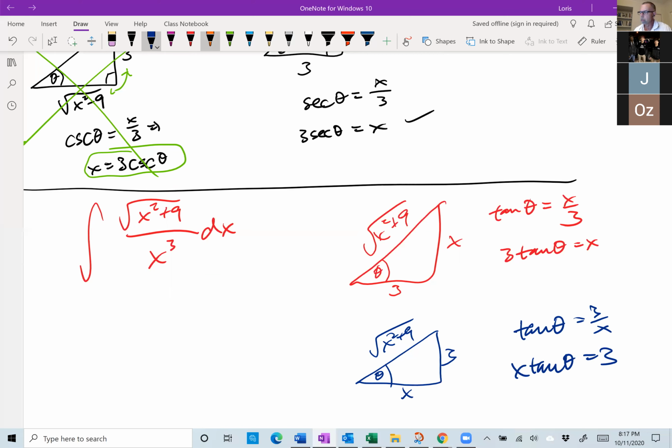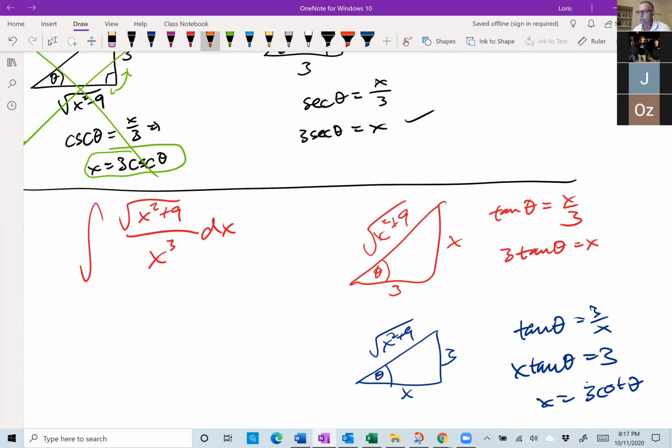Now that x is divided by tangent, x is 3 cotangent. 1 over tangent is cotangent. Well, that's not allowed. Use secant, sine, or tangent. If you use the other 3, you end up with a negative in the integral.